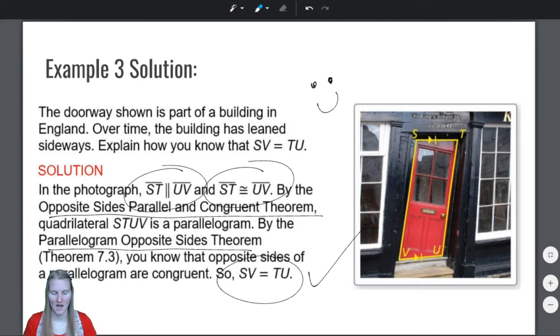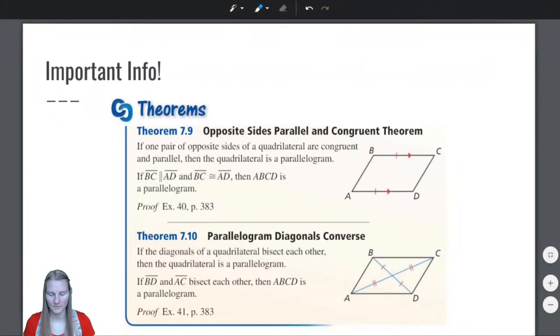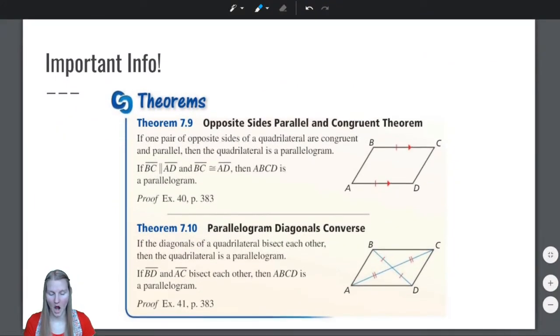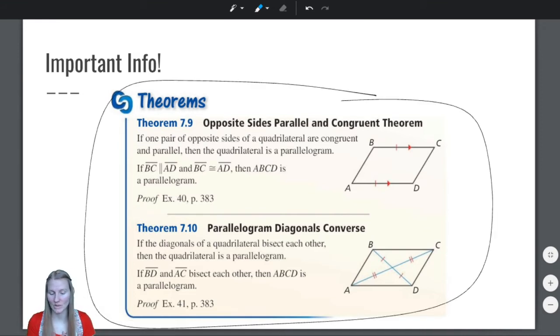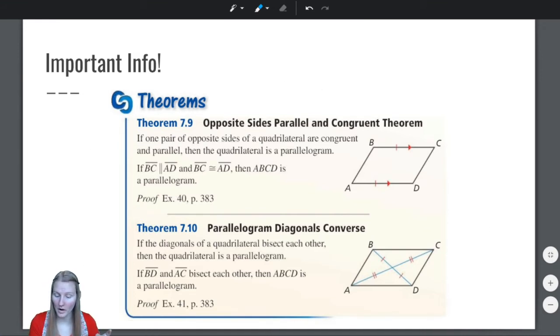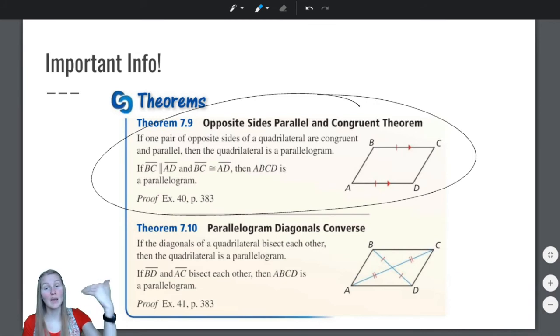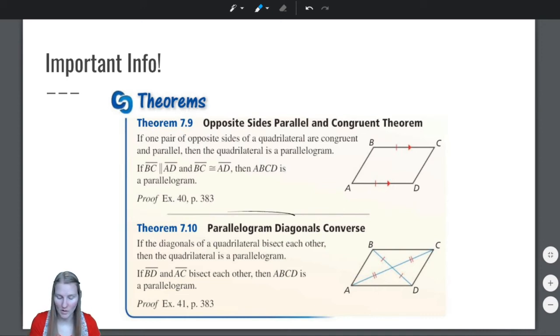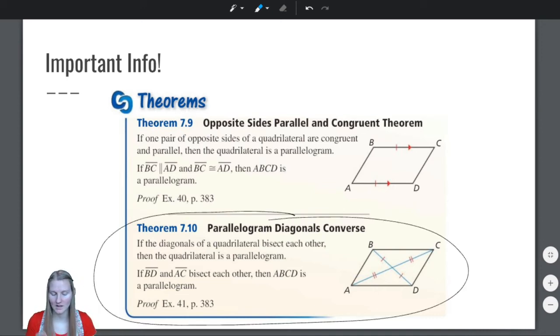Nice. Alright, now we are going to look at the other one. This is the exact same slide that we saw earlier. The example that we just did focused on the opposite sides parallel and congruent theorem. The problem that we are about to do focuses on the parallelogram diagonals converse.